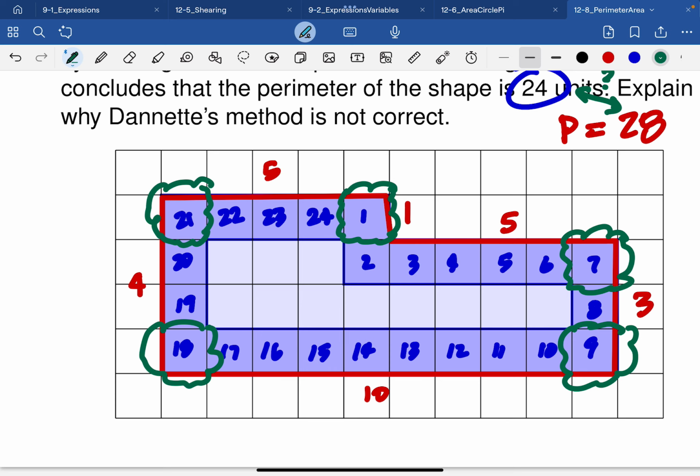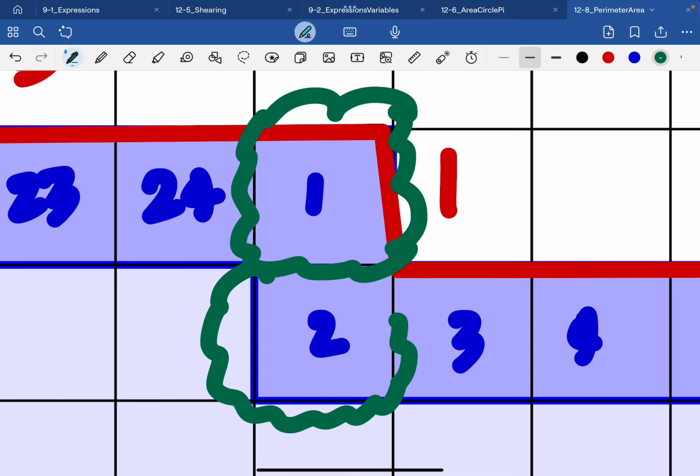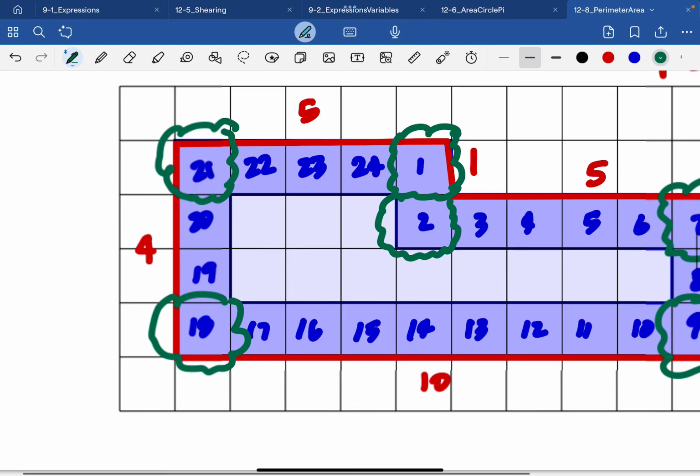But if you look closely, she also counts 2. The second square, the one that's right here, she counts a unit of perimeter when it doesn't have any perimeter at all.